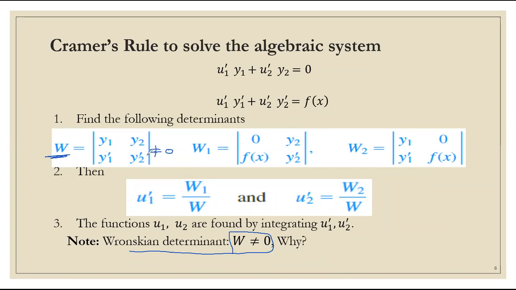You are right, because y1 and y2, by the way, are the solutions of the homogeneous equation. Those two solutions of the homogeneous equation must be independent, and we studied that independent functions must satisfy this condition: the Wronskian determinant can't be zero. So David deserves one chocolate.